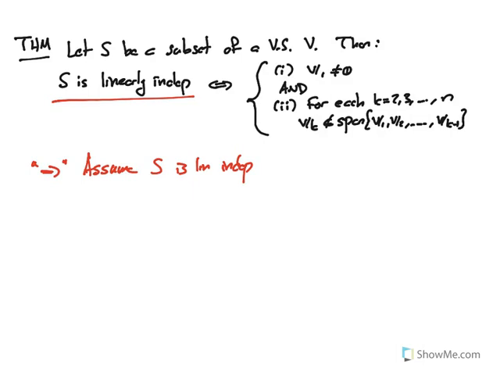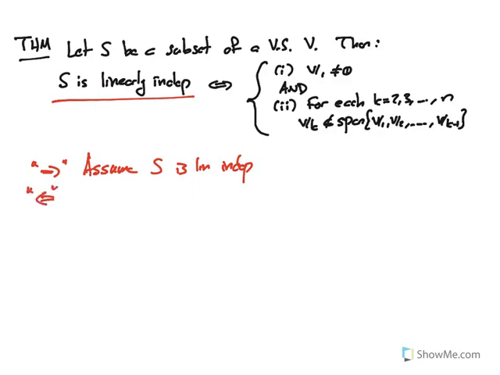Then clearly it can't hold any zero vectors. So the first condition holds. And then, if you see that this condition fails at any point, if you can write Vk as a linear combination of the previous ones, then that means precisely that you can form a non-trivial linear combination, and that's impossible because S is linearly independent.